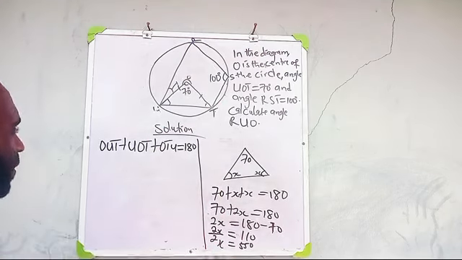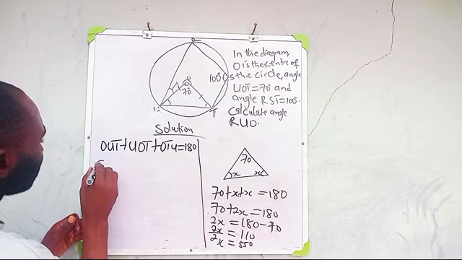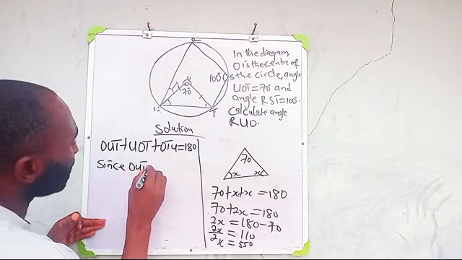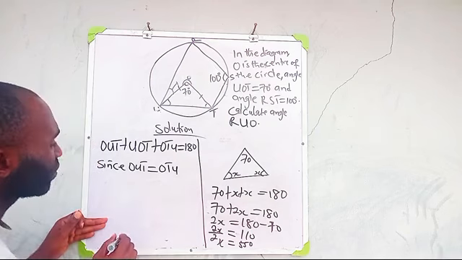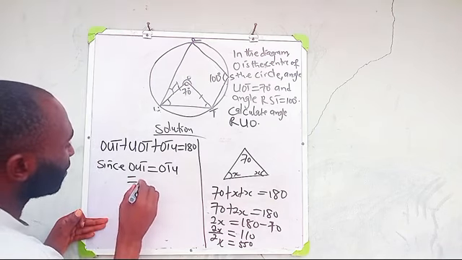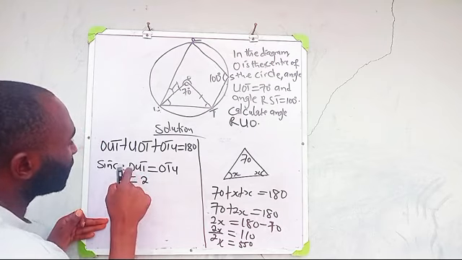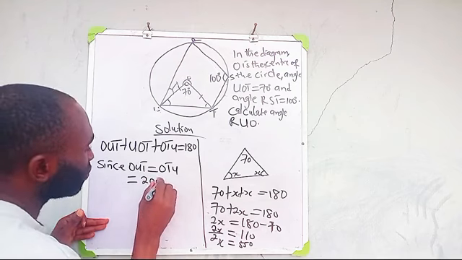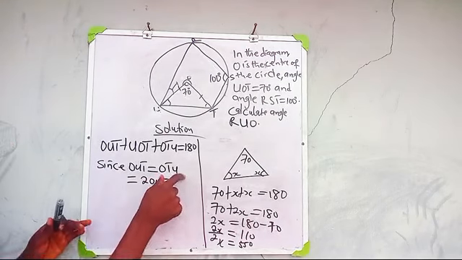So since OUT is equal to OTU, we can decide to say 2 times OUT, because this is equal to this.